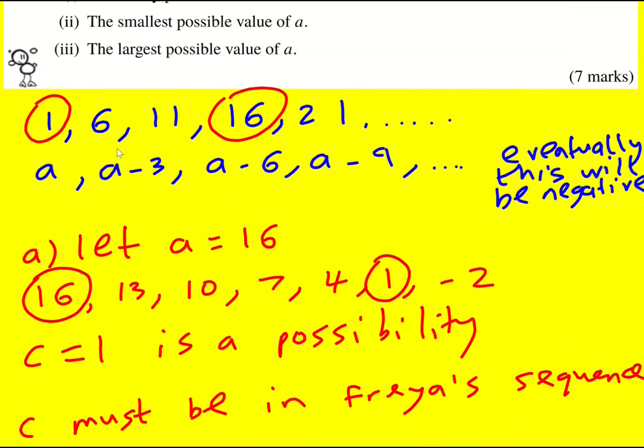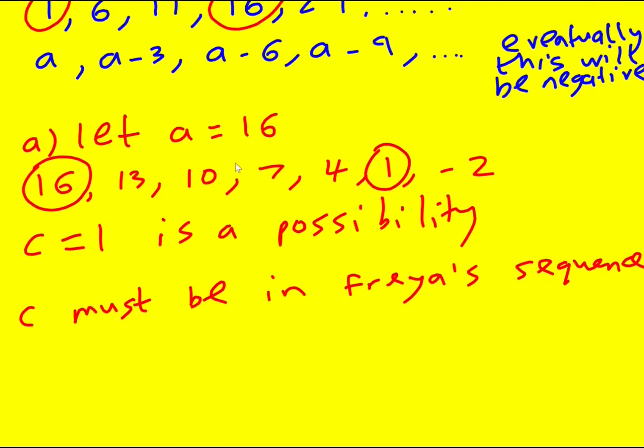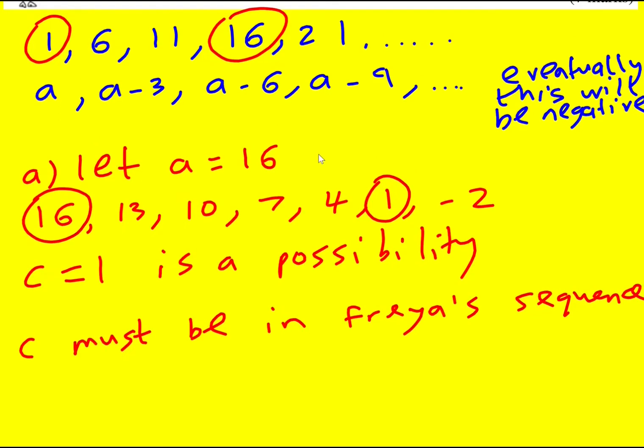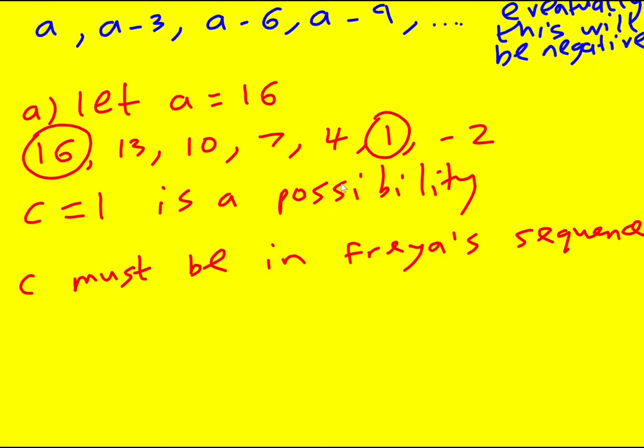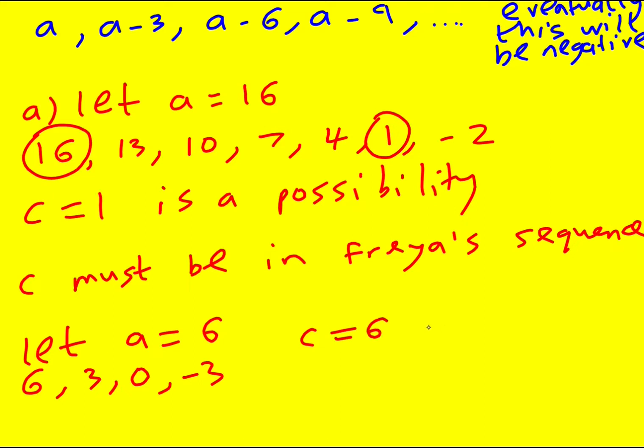Okay, so how can we get 6 as a possibility? Well, I could let A equal 6. That will give me 6, 3, 0, minus 3. So that would work. That is the smallest shared one.